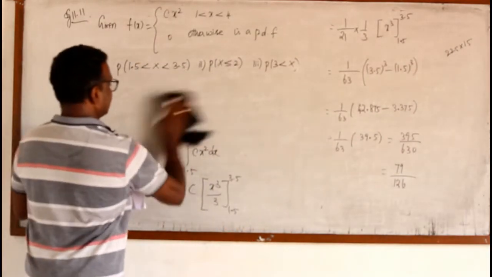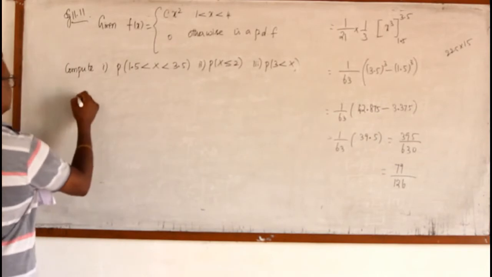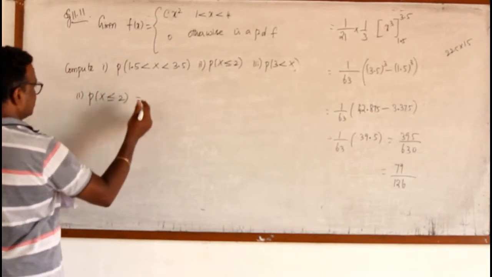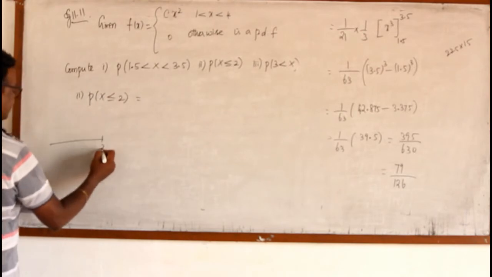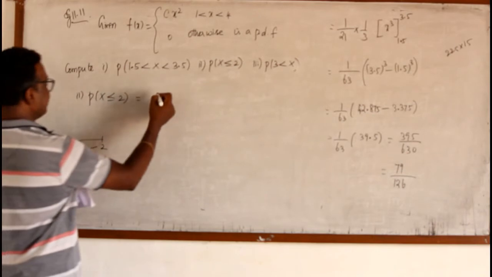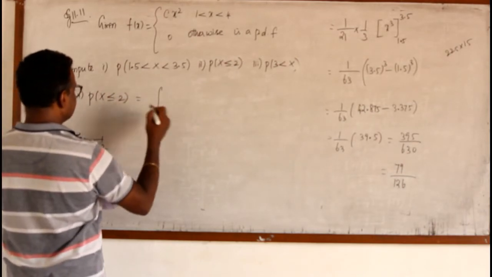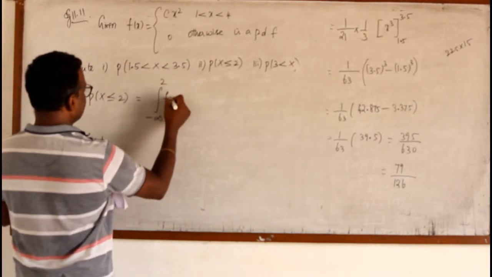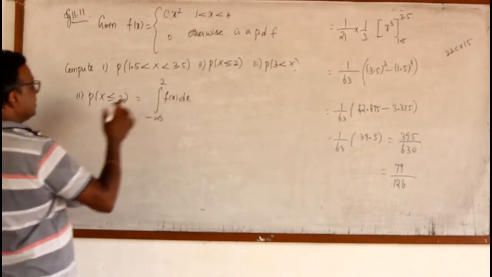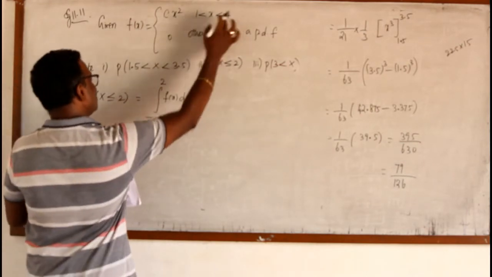Now, second one. P of x less than or equal to 2. That means from minus infinity to 2. So shall we write this as minus infinity to 2 f of x dx. Now the function exists from 1 to 4 only.